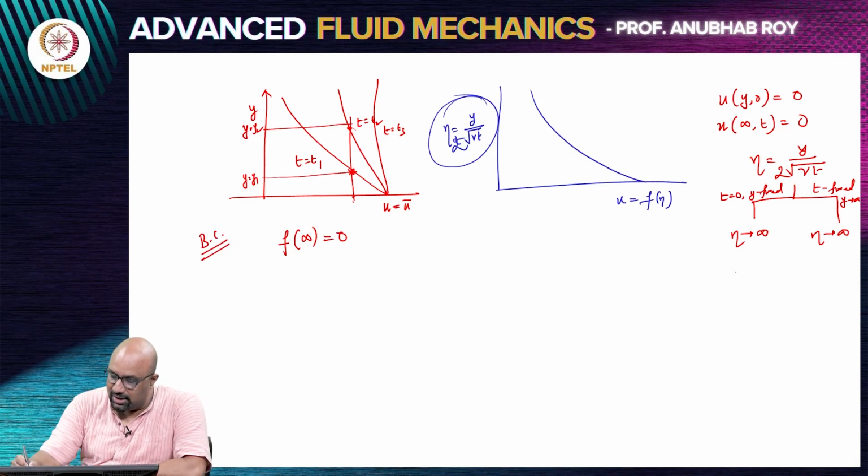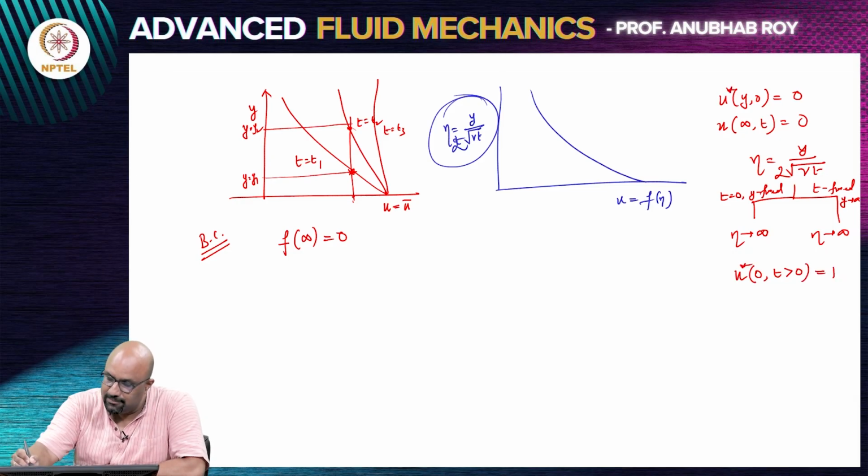The other condition, which was u at y equals 0 for any non-zero time is equal to 1. So, these are all non-dimensional. Now, if you fix your t and let y go to 0, this corresponds to eta equals 0.